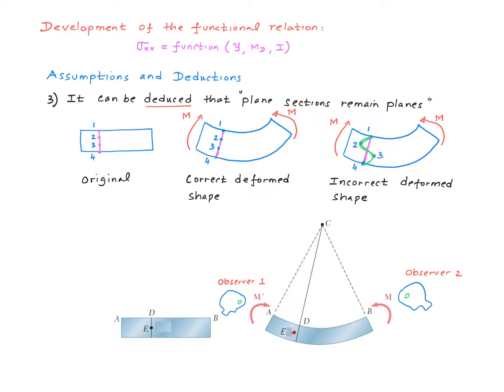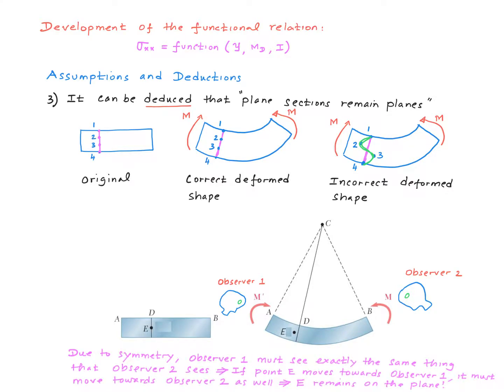In other words, point E must be moving towards him, right? Not away from him. So the only way this can happen is if point E remains on that plane, okay? So this point E is like point 2 or point 3 that we considered in our first set of pictures, right? I wrote down a brief statement about what I explained verbally.